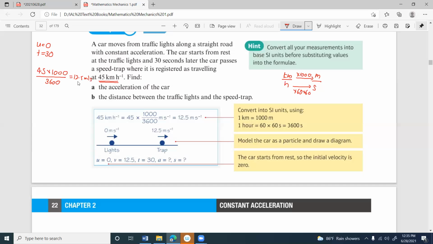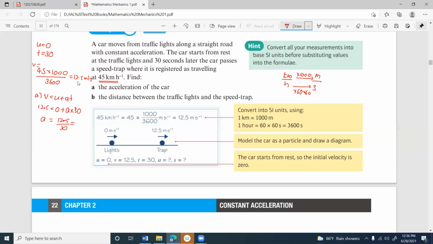Right. Now you know that is V. Find the acceleration A. We can apply V equals U plus AT. V is 12.5. U is 0. A is the one we need to find. Time is 30. Therefore, A becomes 12.5 divided by 30.